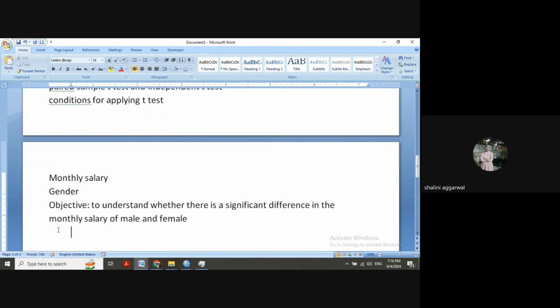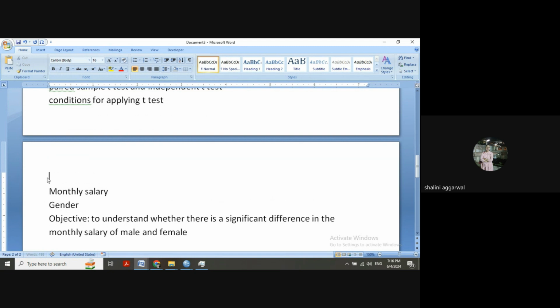Okay. This is an example of an independent, this is the most important, independent sample t-test, right? What is the example for this? We'll start with an example and then we'll proceed ahead.